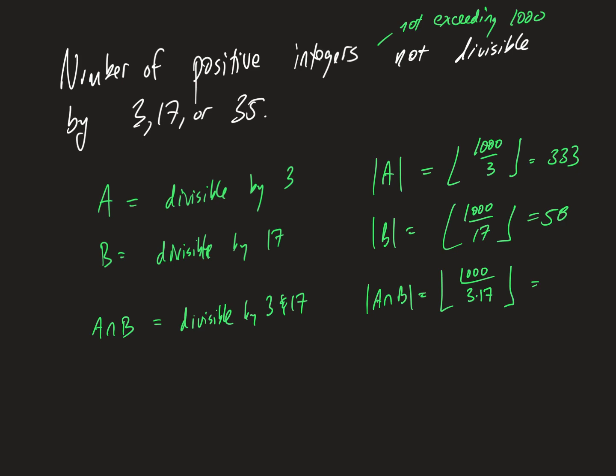So that would be 19. Okay, and so if I dropped to 35 here, then I would just be looking at 1,000. Well, actually, let's just do the problem now.